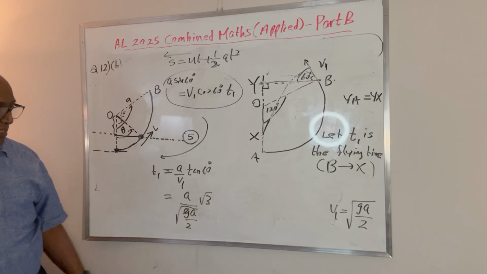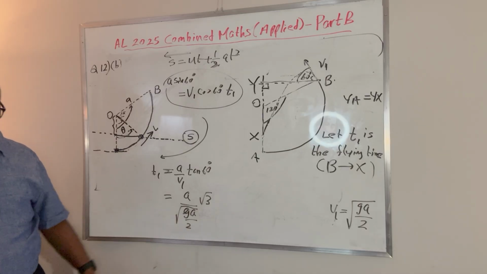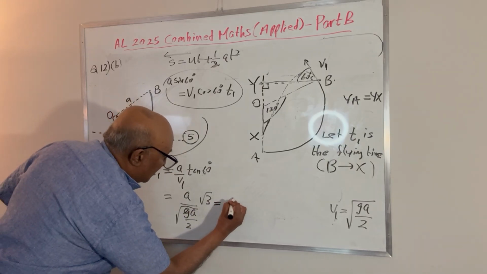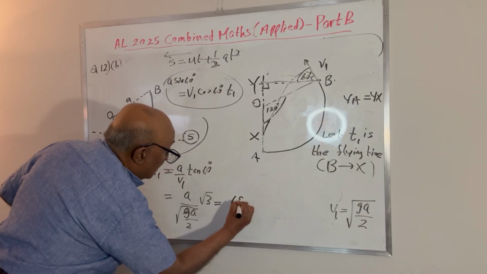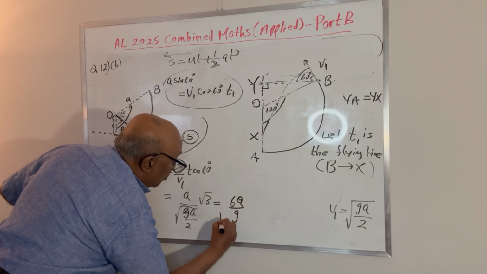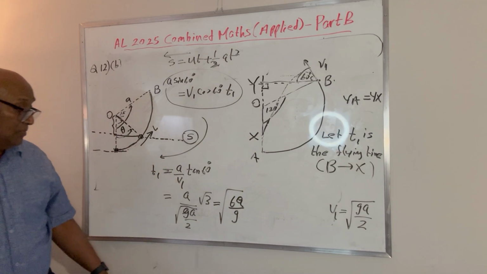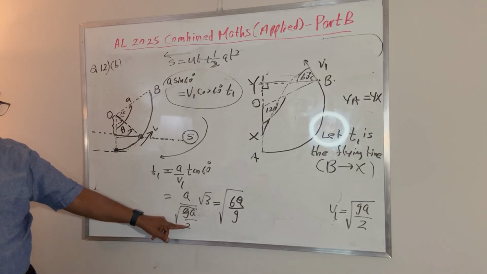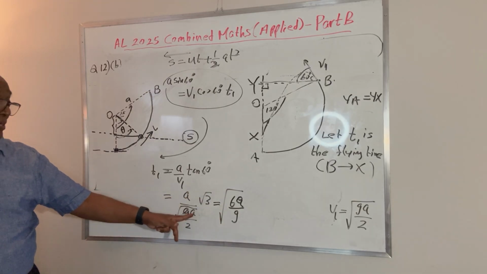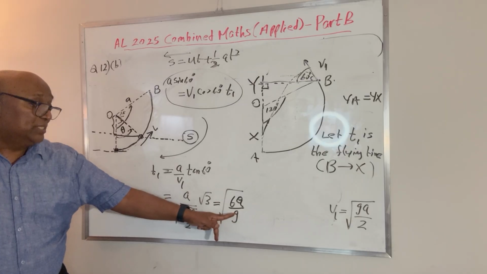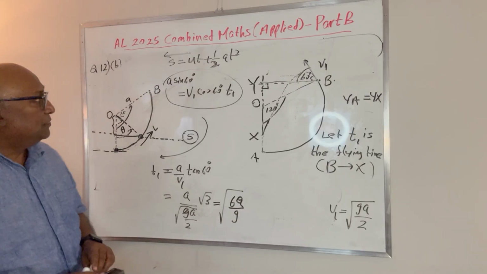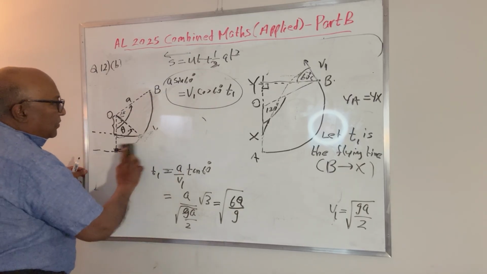Let's simplify this quickly using knowledge of radicals. When you compile everything, you get the square root of 6a upon g. The root 2 goes up, 3 times 2 is 6, under the whole square root. a upon root a becomes root a, and you remain with root g in the bottom. That is the flying time. Now I can erase this one.